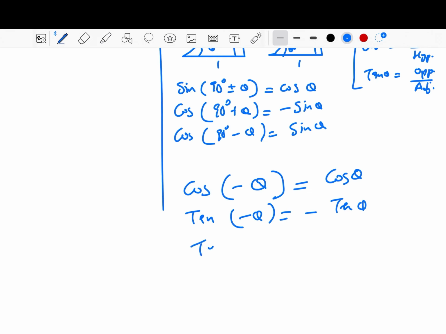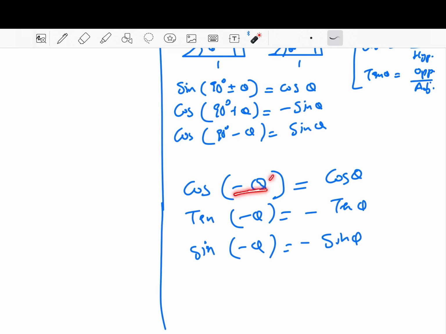If it's sine of a negative, it's going to be negative sine theta. So only cos can take a negative value, but the rest can't. They just throw it outside and it becomes negative. But cos can stomach the negative side.